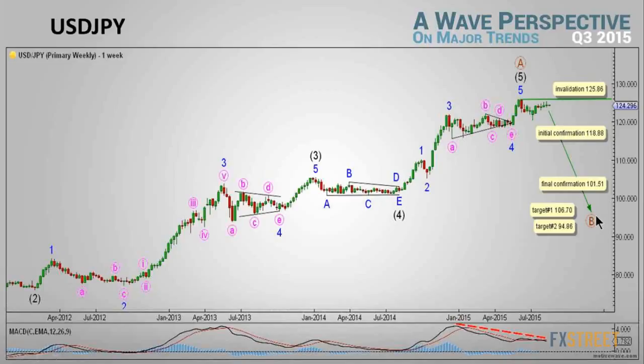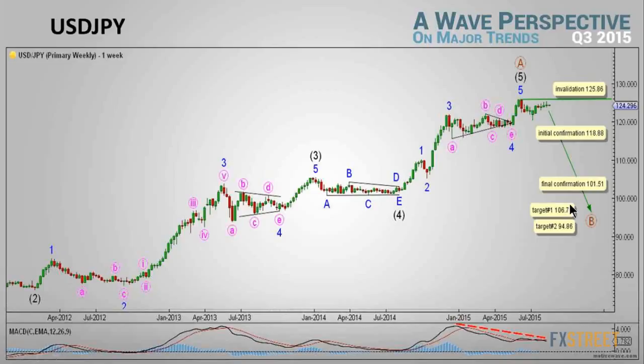This count would be confirmed that wave B maroon is unfolding toward the downside, initially by movement below 118.88, and the final confirmation point, which will boost our confidence in this count, is by movement below 101.51.